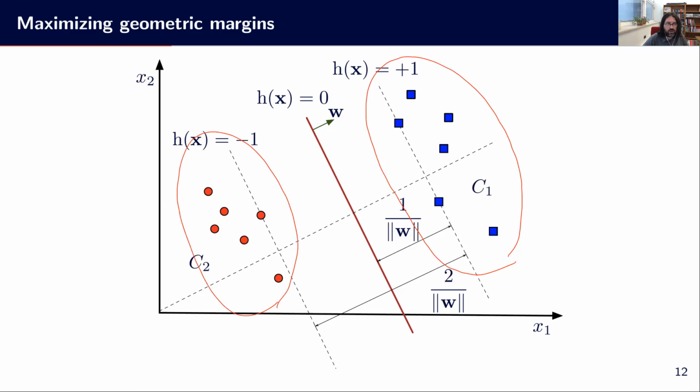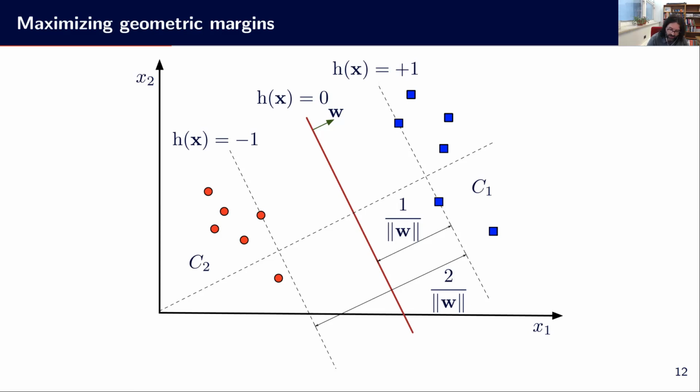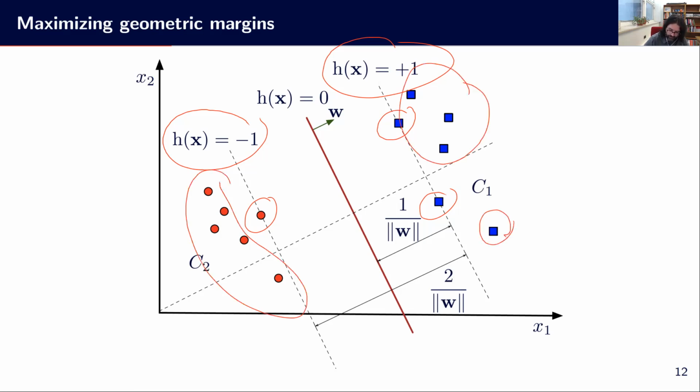We assign the red circles to the class C2, the negatives, and the blue squares to the class C1, the positive values for H. We can see that we have 3 samples that are really on the margin: one defined at H equal to -1, and two defined at H of xt equal to +1. The others have a corresponding H that is either bigger than 1 or less than -1.